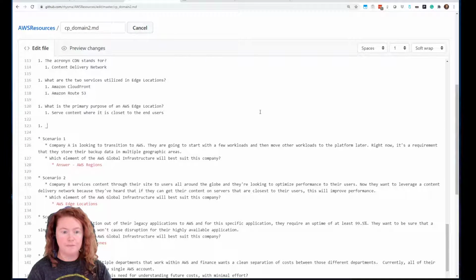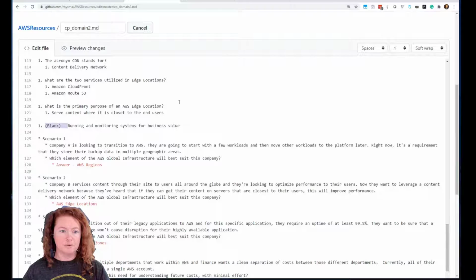So it was like, blank is the running and monitoring systems for business value. I guess I could maybe reword these into a question.